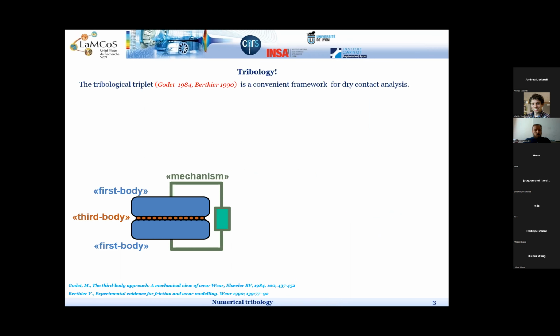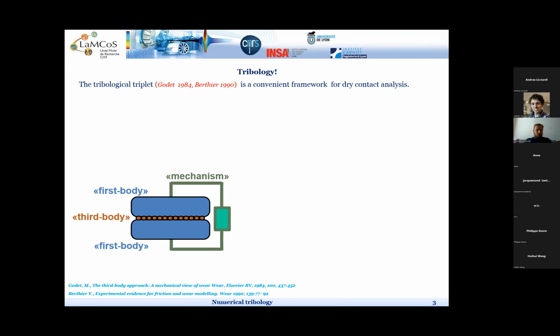So tribology is a very large discipline with a lot of applications, but one way to unify this science is to consider that a given contact should always be seen through 3 different scales.